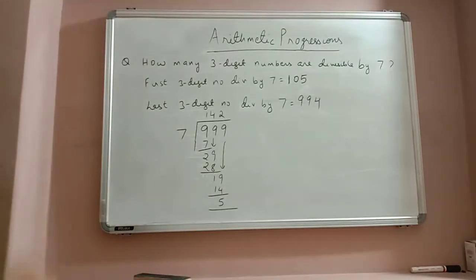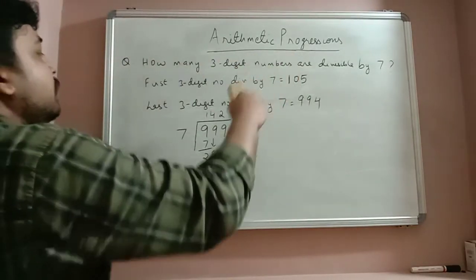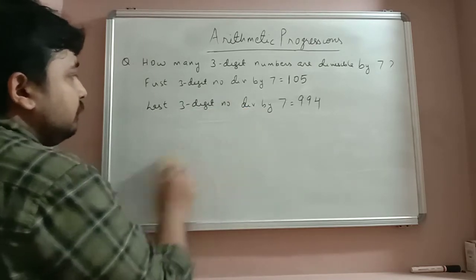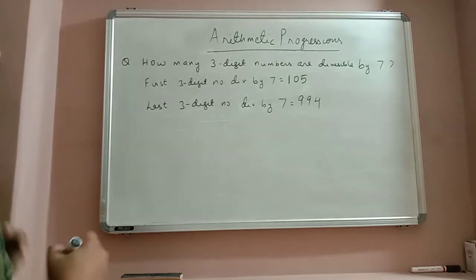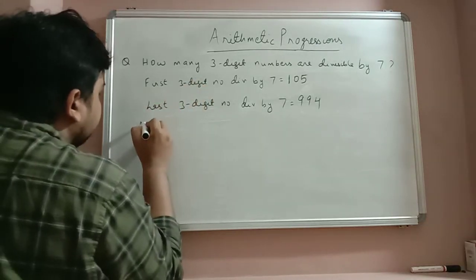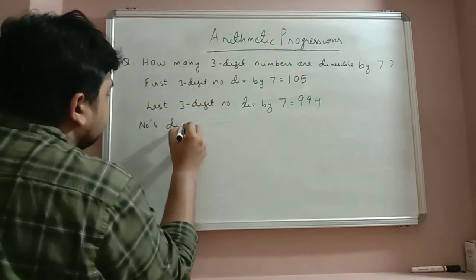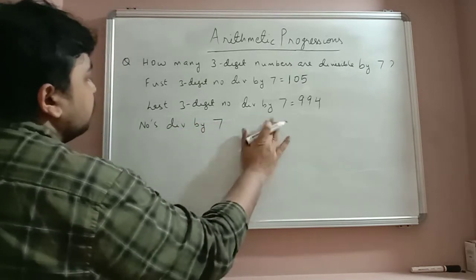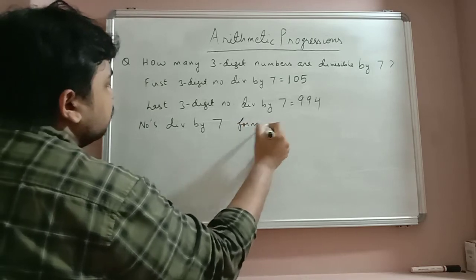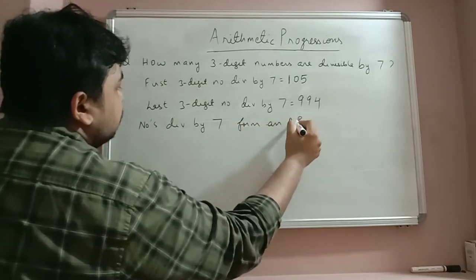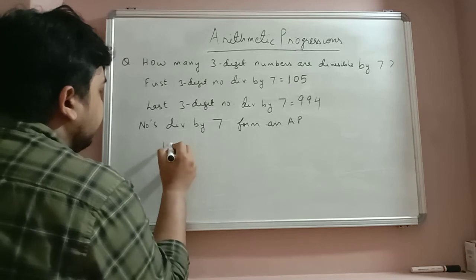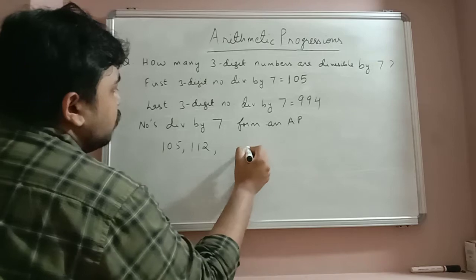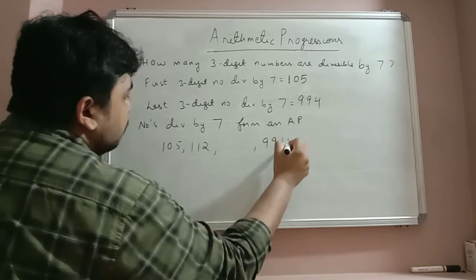Now once we find these two values, it is very simple to find how many 3-digit numbers are divisible by 7. The numbers divisible by 7 will form an AP, and this AP will be 105, plus 7 that is 112, and so on up till 994.